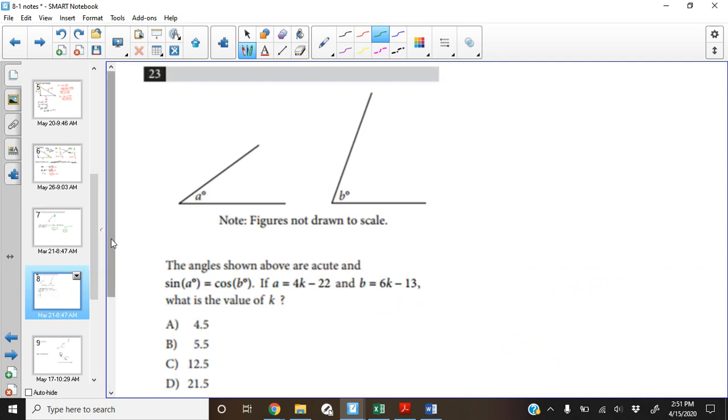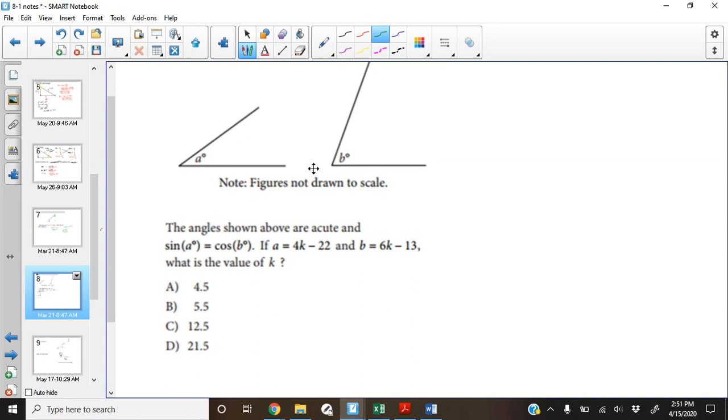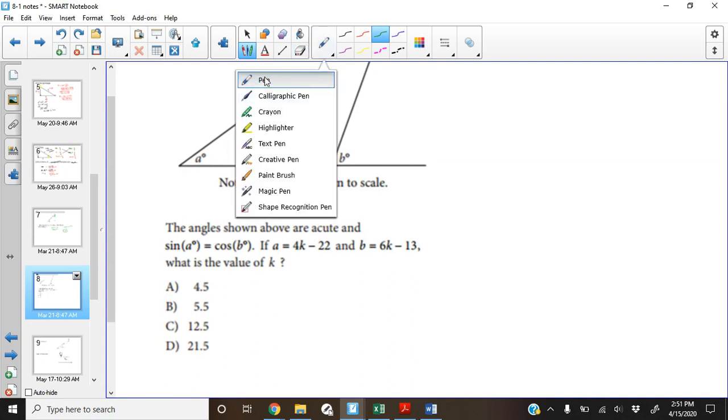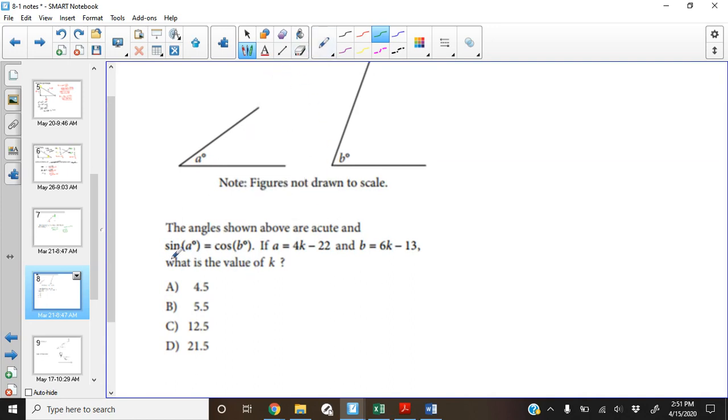And then this next SAT problem, so they tell us the figures are not drawn to scale. They tell us that sine of A equals cosine of B. Okay, and then they tell us an equation for A and an equation for B. And they want us to solve for the variable within those equations, which is K. Well, if we know sine of A is equal to cosine of B, well, the only way that happens is if those two angles are complementary.